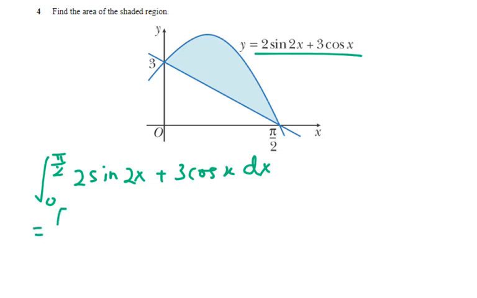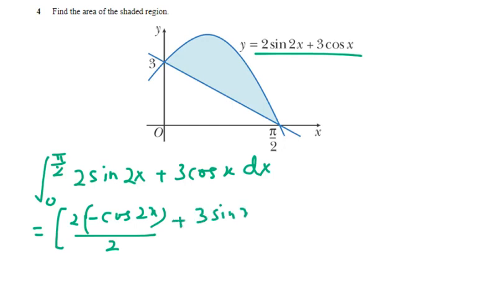Integrating this will give you negative cosine of 2x divided by 2, the derivative of 2x, plus 3 sine of x, with the limits of 0 to pi over 2.